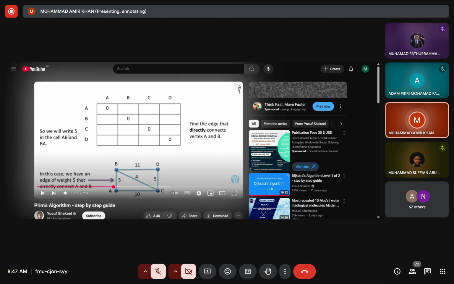We write 5 in cells AB and BA. So we write 5. Both cells AB and BA we write the same weight, 5.